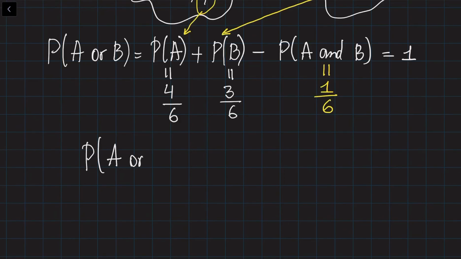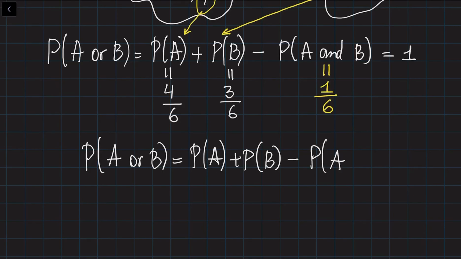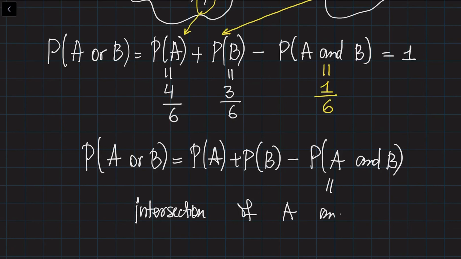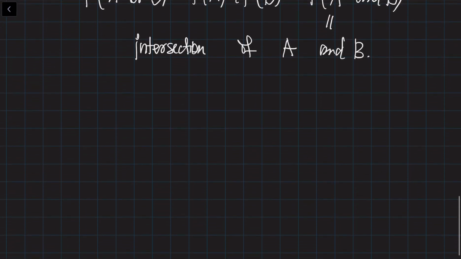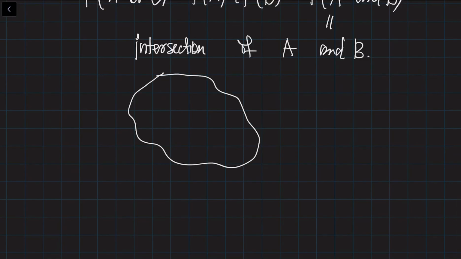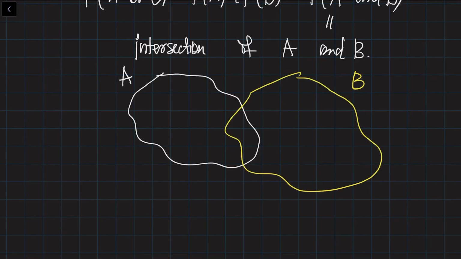The probability of A or B is equal to the probability of A plus the probability of B minus the probability of A and B. In this case, the probability of A and B means the intersection of A and B. When we look at the sets in a Venn diagram, this is going to be A, for example, and let's say this is B. They have some intersection, right? So this is the intersection, A and B.